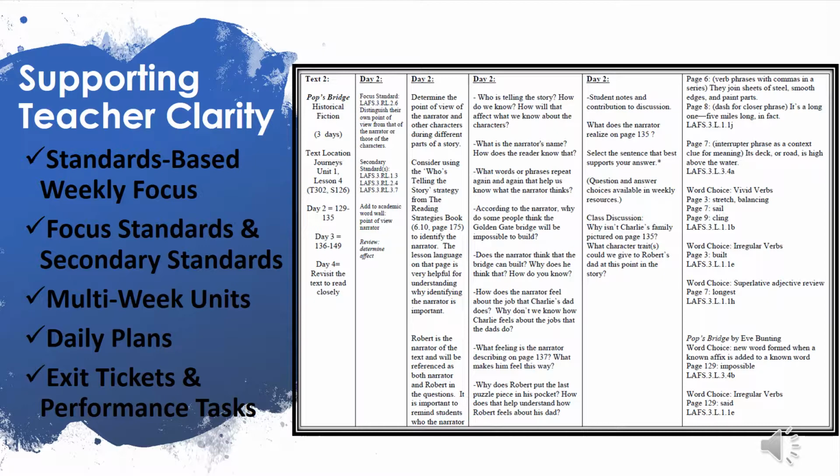Text-dependent questions, teacher language, and instructional moves are suggested, along with ways of assessing student learning through exit ticket items and daily tasks. The exit tickets are a combination of FSA-style questions and brief written responses, as both are equally important for assessment of learning.